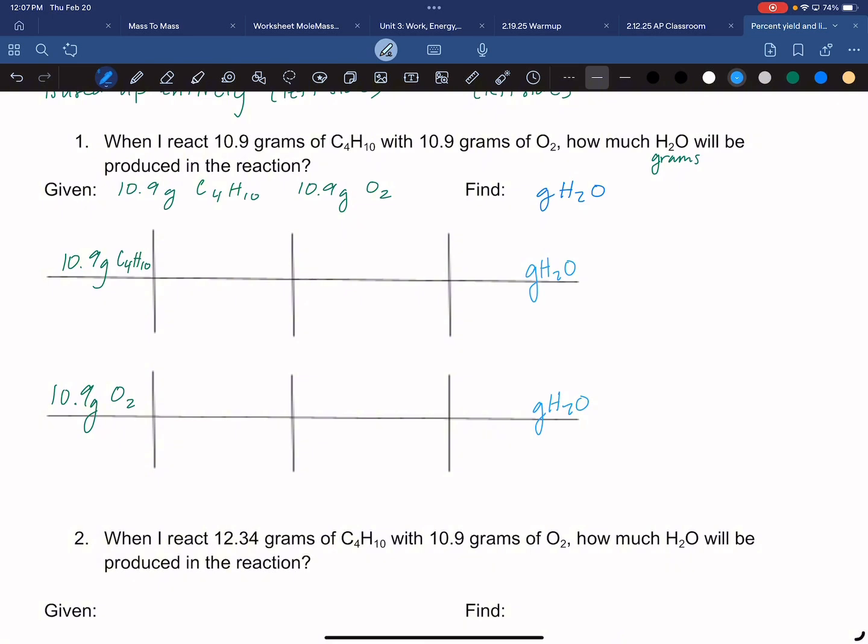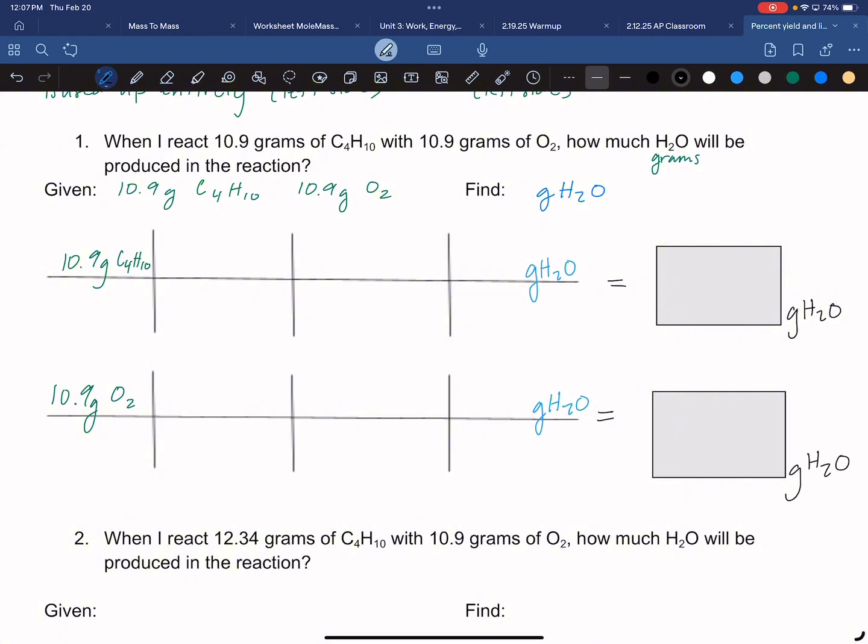So from here, are we able to solve for this? Yeah, absolutely. We've had a lot of practice. But we need to find out our why. Why are we doing this? Ultimately, we're going to get a number for both of them, and the number for both of them is going to be the product of the reaction, so grams of H2O.